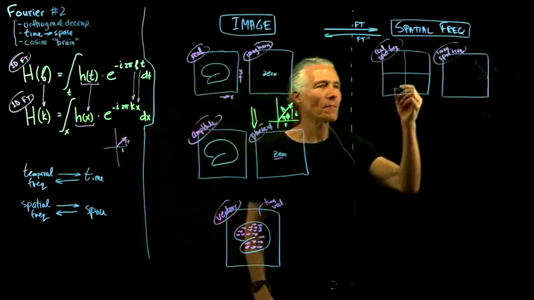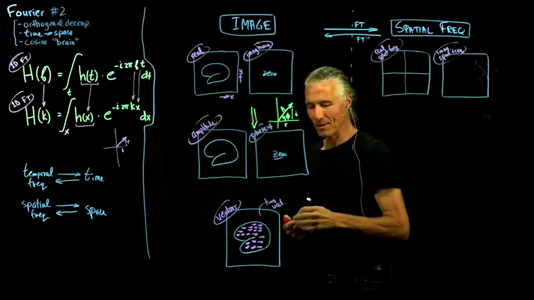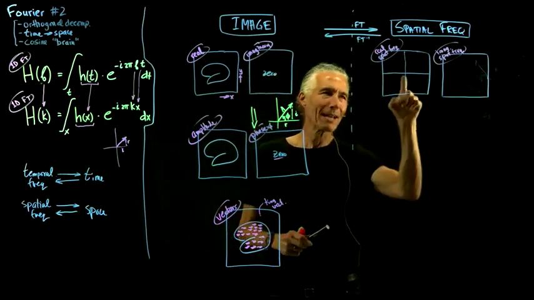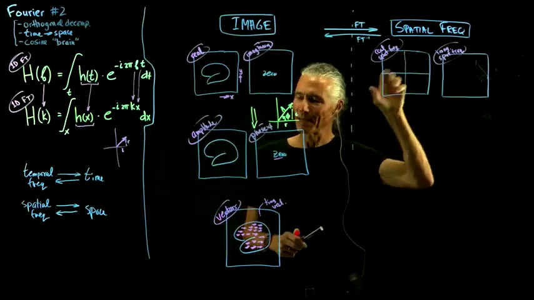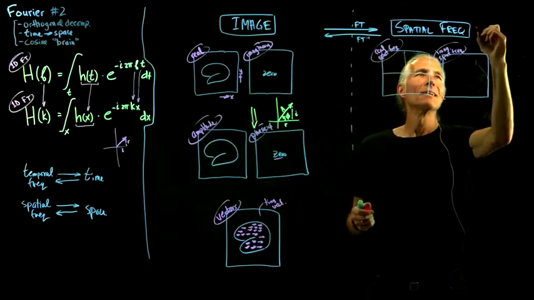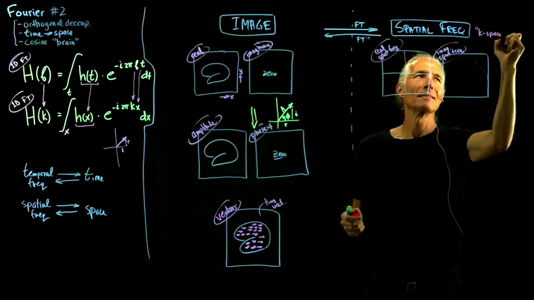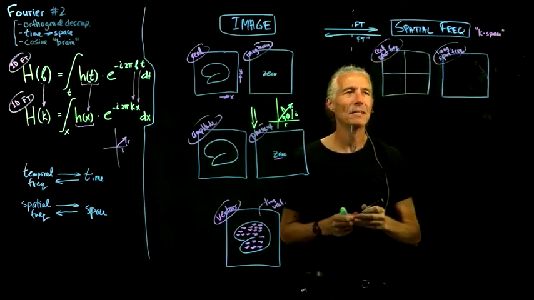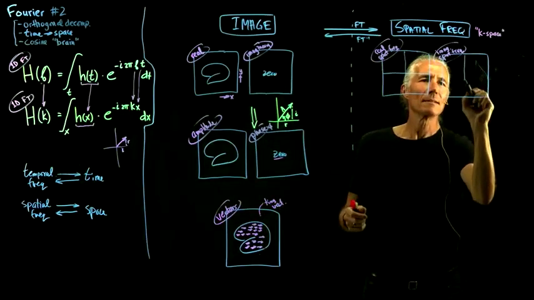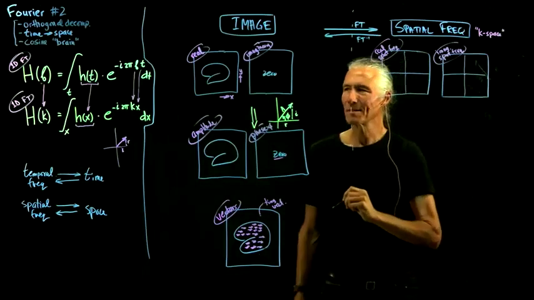And so the very center of this is 0 spatial frequency. And we'll talk on Friday about what that means. That's the most important spot in the entire k-space. So this is k-space here, which just means spatial frequency space. Spatial frequency 0 is in the middle, and then spatial frequency 1 is just off to the right.